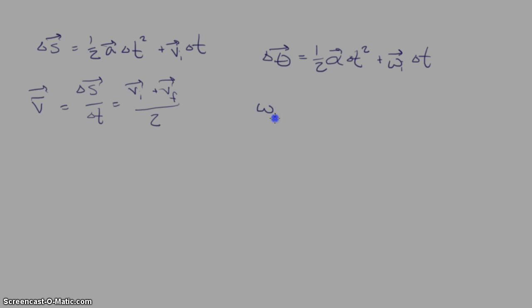Again, average velocity equals displacement over time, or initial velocity plus final velocity over 2, provided that we have constant acceleration.